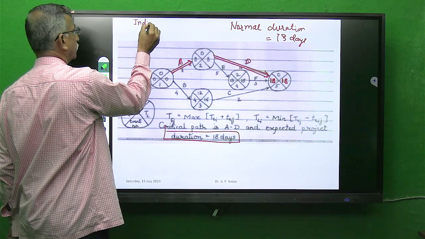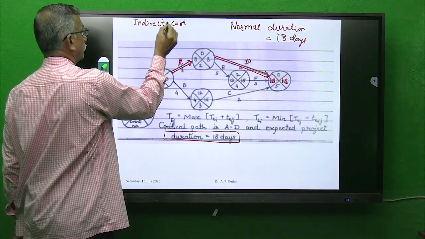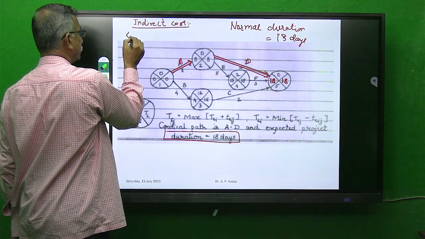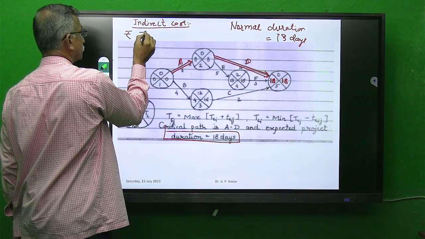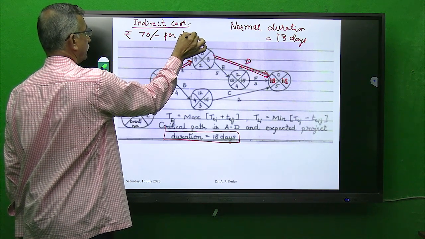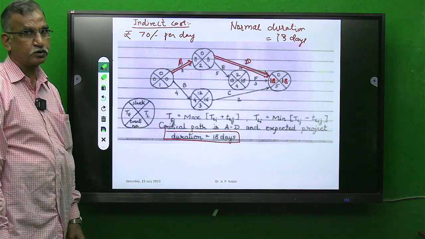Here, in this problem, indirect cost is given as rupees 70 per day.